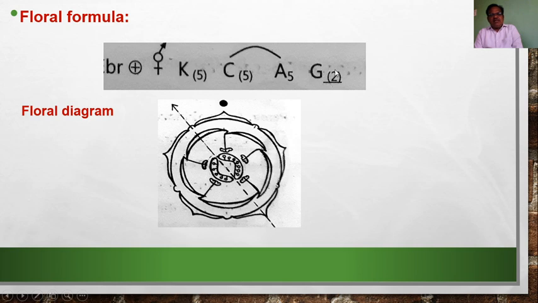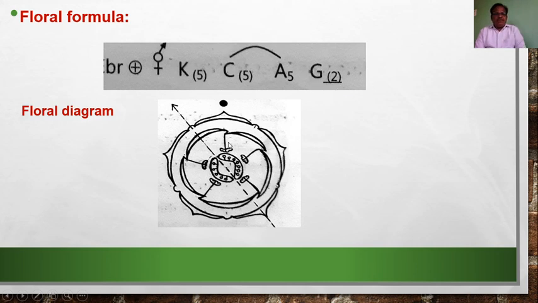Gynoecium bicarpellary, syncarpous, superior ovary. So pay attention again: ebracteate, actinomorphic, bisexual, K5 gamosepalous, C5 gamopetalous, androecium 5 epipetalous, that is, androecium remains attached to the corolla. Gynoecium bicarpellary, syncarpous, both the chambers remain attached to one another, and superior ovary.